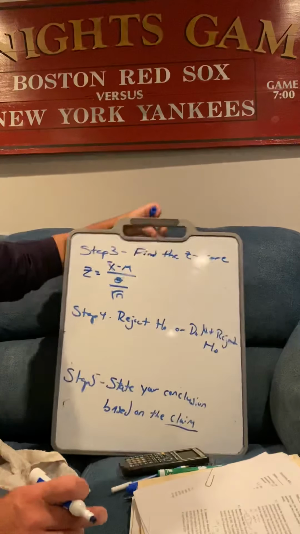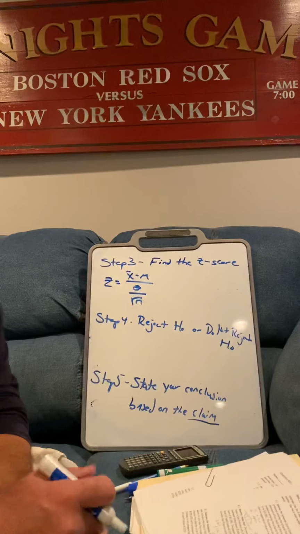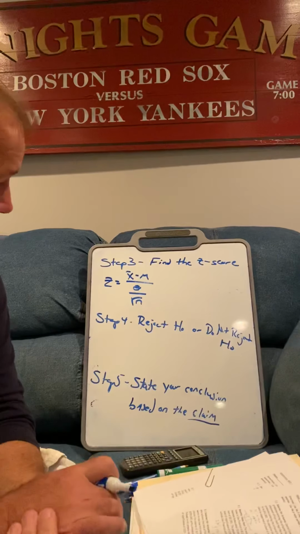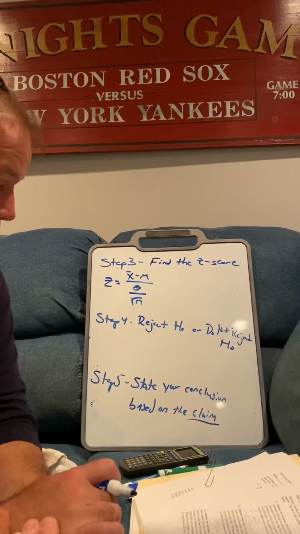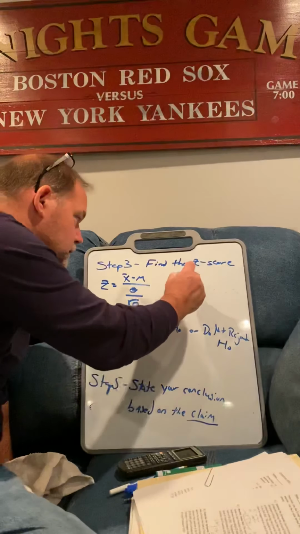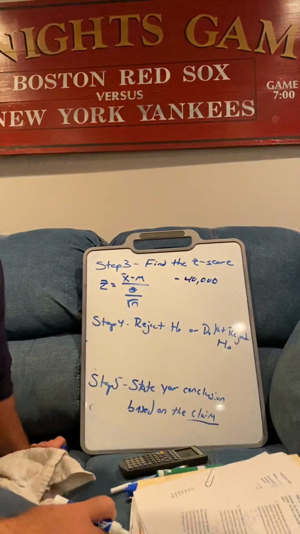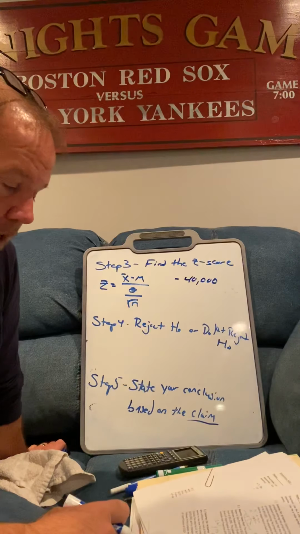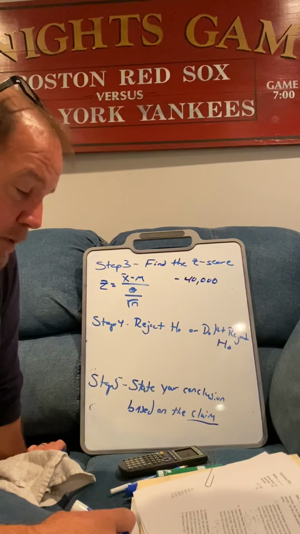Now in step 3, we're going to go back to our formula that we've been using, the one that we did with our central limit theorem, and finding the z-score. So in this problem, we already know that they feel that the actuaries make $40,000. Now when you read the problem, it says when you surveyed 36 actuaries.